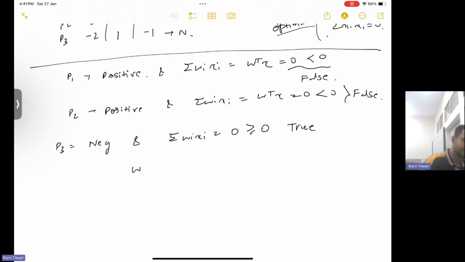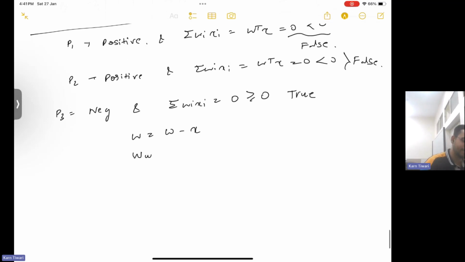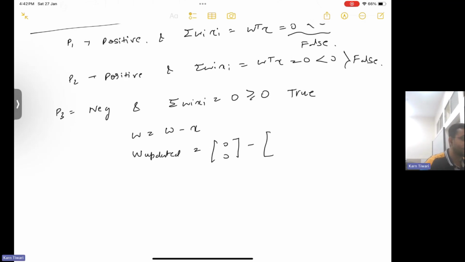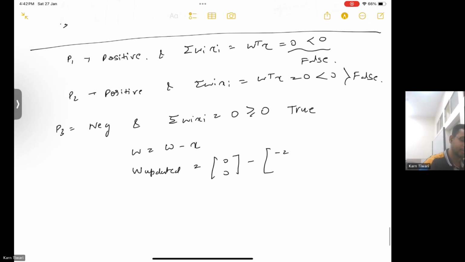So our weight will be changed to W minus X. Our updated weight will be 0, 0 minus the coordinate of the negative point, which was minus 2 comma 1, which gives 2 comma minus 1.